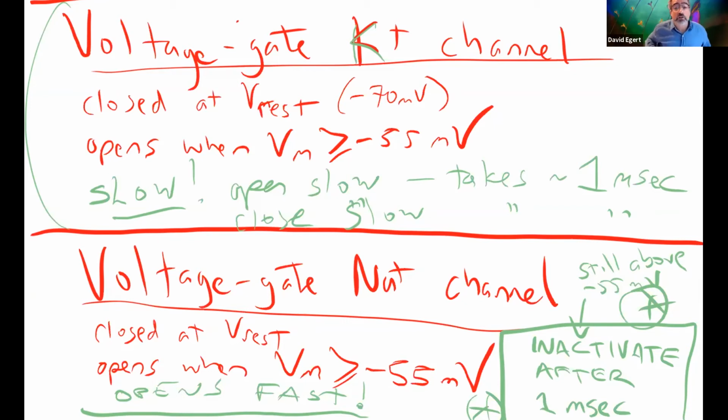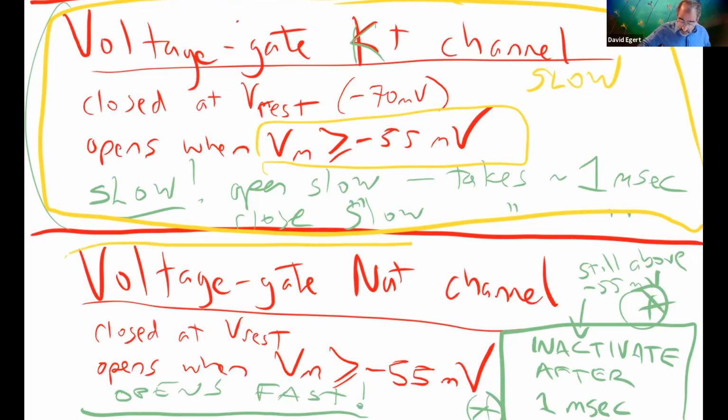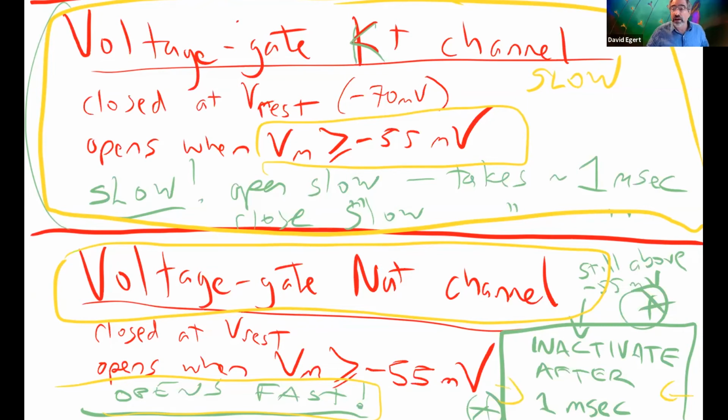So these are our two main players. These slow potassium channels will start opening at minus 55, but take a millisecond to really open fully. These fast sodium channels will open almost instantly when the voltage of the membrane hits minus 55, but after about a millisecond, will close down on you until they reset.